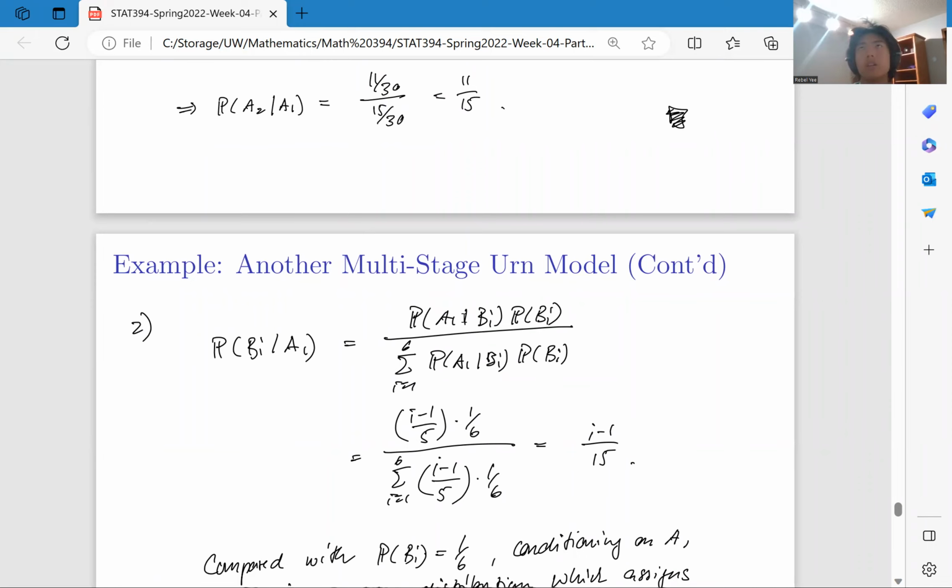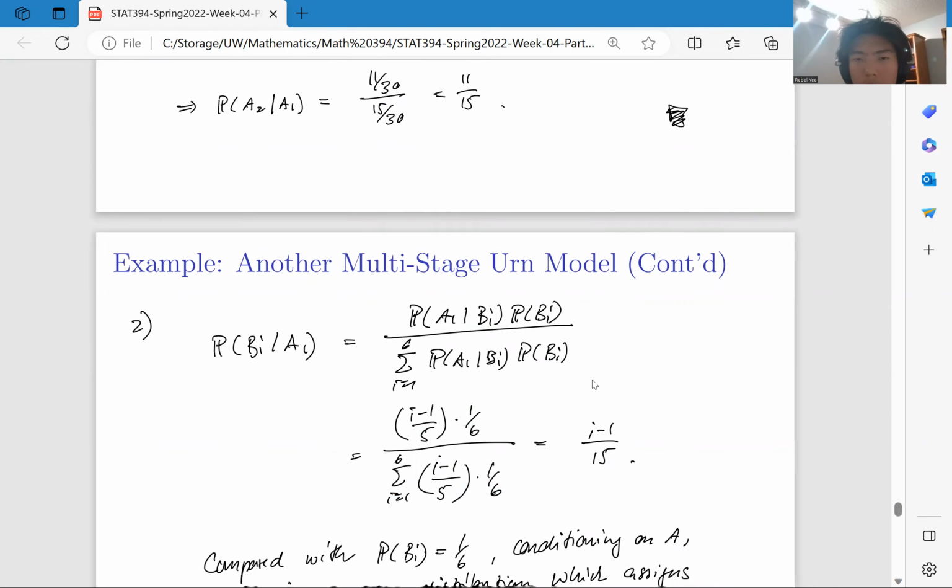In the numerator, we do not sum, so we just take one case, B_i. So the result is (i-1)/15.